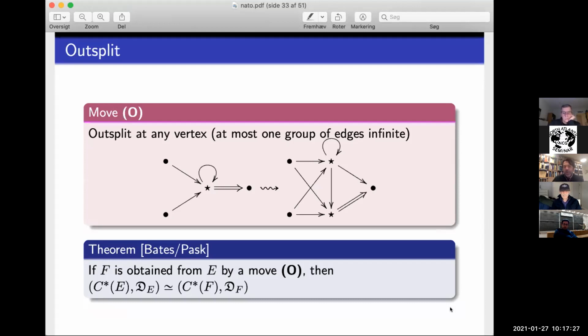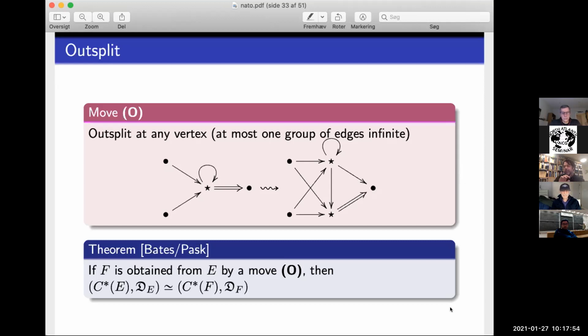That's the idea of an outsplit. And the idea of an outsplit is you have a certain vertex that you want to work with, and you take the outgoing edges and you put them in piles. So I take the vertex that's a star on the left-hand side, and I take the outgoing edges: there's a loop and there's infinitely many across.